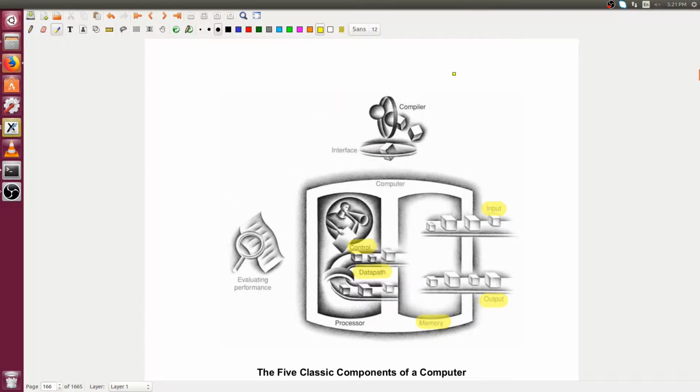So then we have these outside things that we need to always be cognizant of, which is the compiler and how that's going to be generating our instructions for the computer. And we also need to be able to evaluate how well our program executes on the computer.